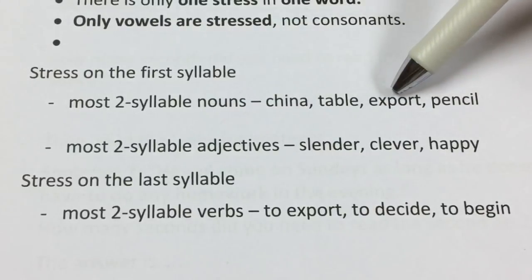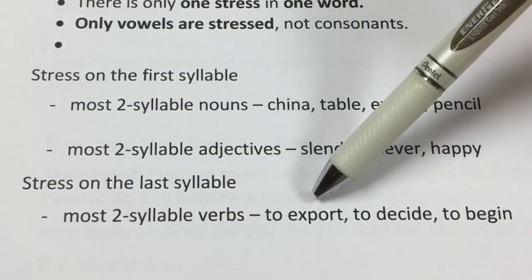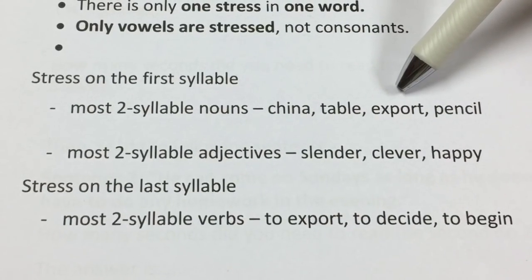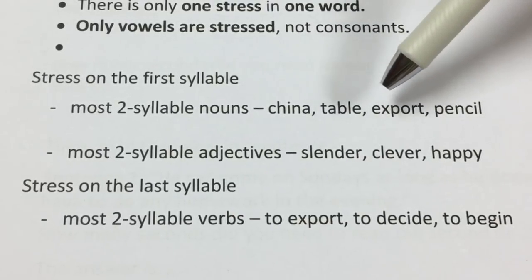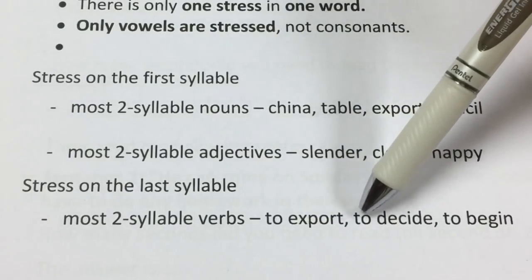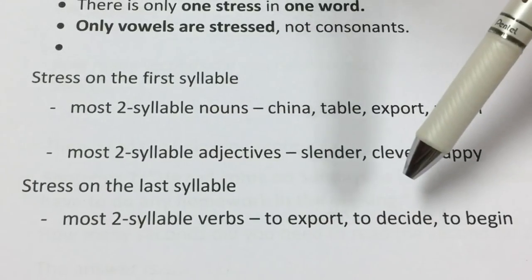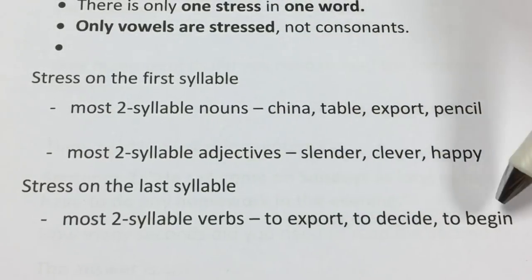If it is a noun, you read export. ถ้าเป็นคำนามเราจะอ่านว่า export ถ้าเป็นกริยาเราจะอ่านว่า to export. Another example is record, meaning a disc or a recording. We stress the first syllable because it is a noun: record. But if it is a verb, we stress the last syllable: to record. So this is how you differentiate between nouns and verbs. If we catch the meaning this way, we can tell whether the speaker is talking about a noun or a verb. To export, to decide, to begin.